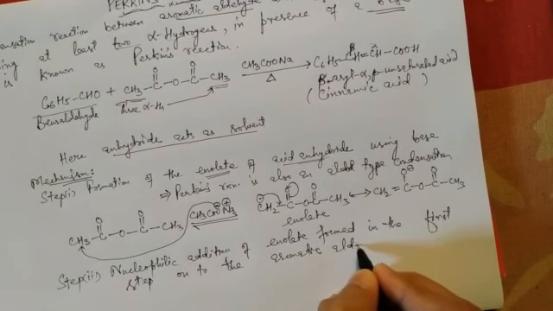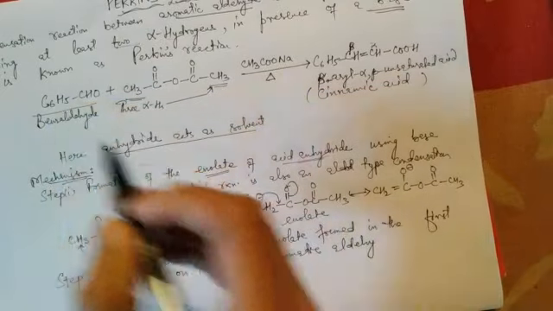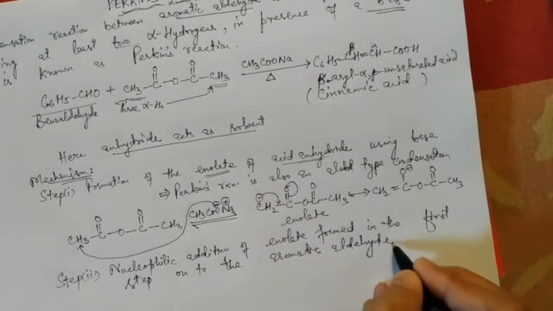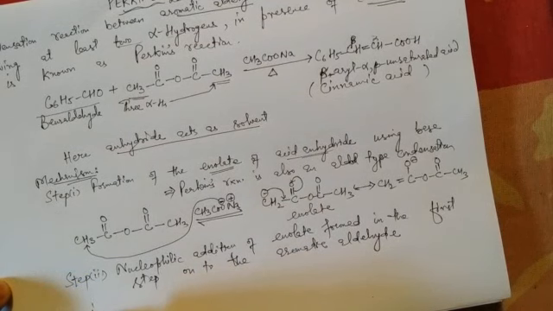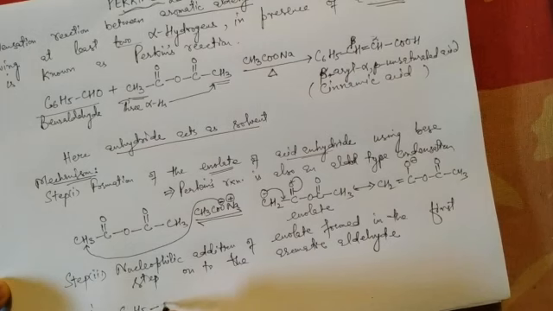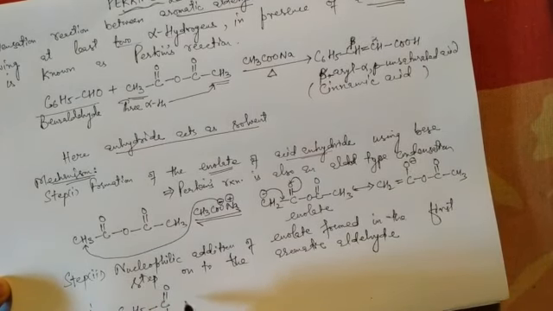And what is that aromatic aldehyde here in this case? That is benzaldehyde. We may show this as C6H5CHO plus this enolate.